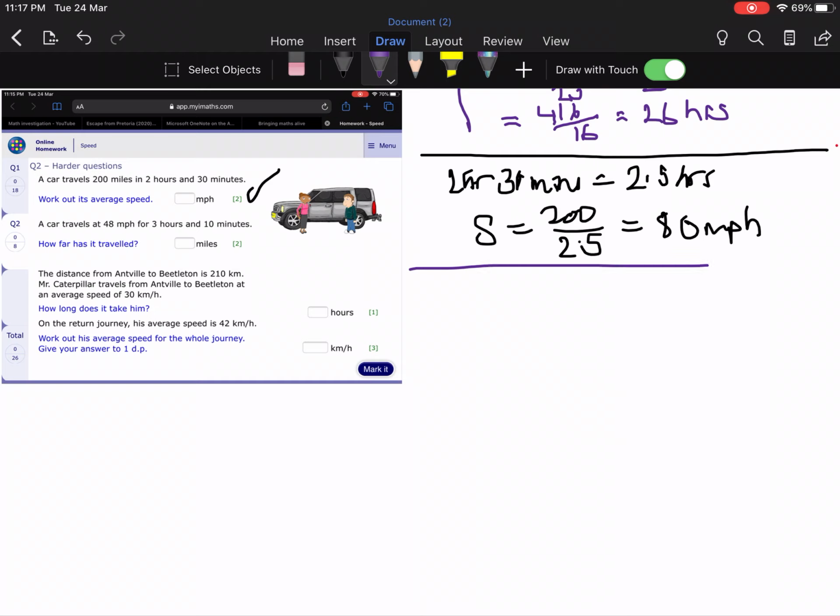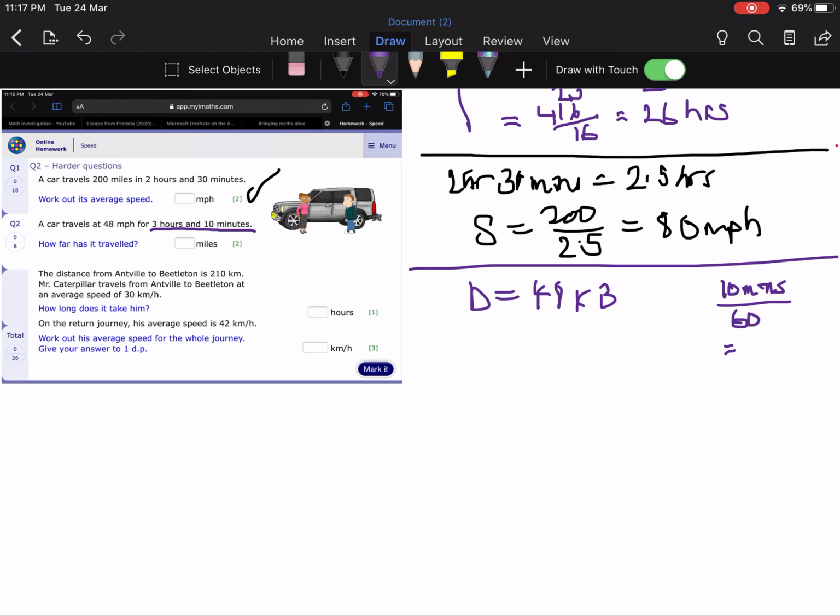Change back to purple. A car travels, so distance is equal to speed times time. Now I can't write 3 hours 10 minutes. I need to change. So what I can say is it's 3 hours, but I need to change 10 minutes into hours by dividing by 60. So it's 1/6.